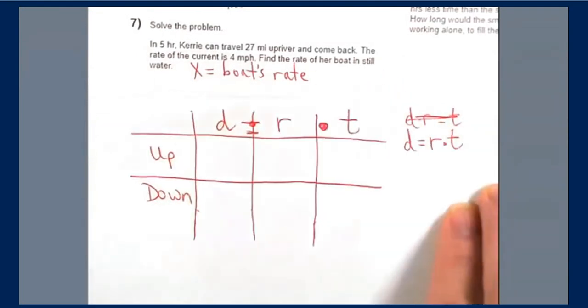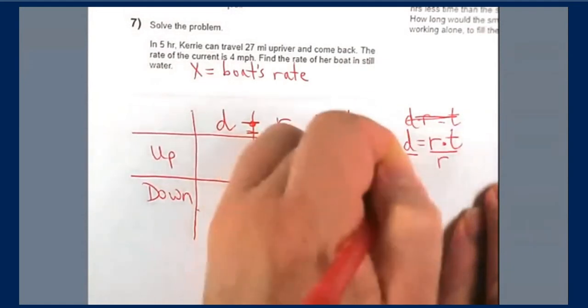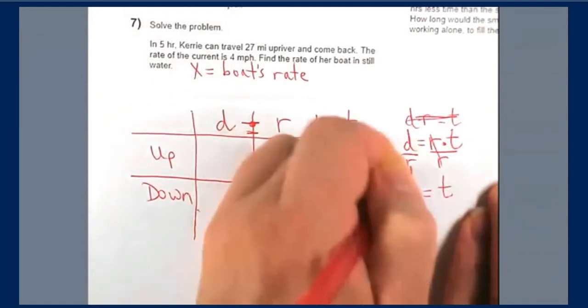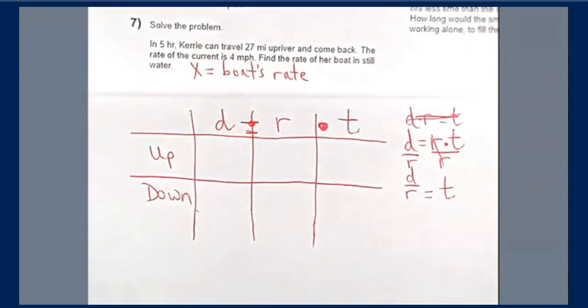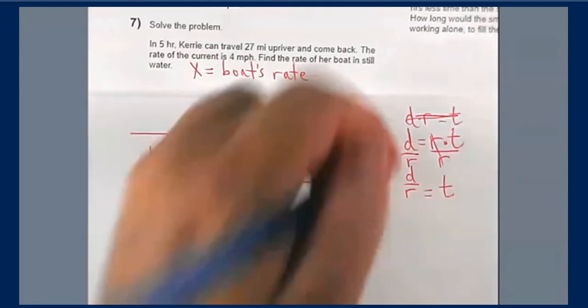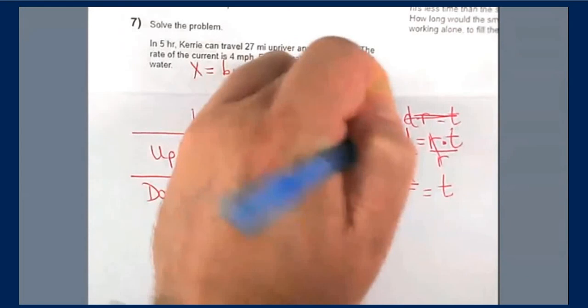And we need to solve for T, or get T by itself. So we'll divide both sides by R. So when we get ready to label time for each trip, we have to put the respective distance over each rate.